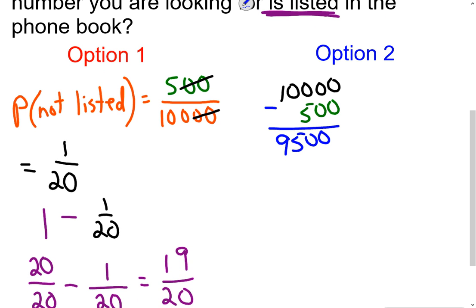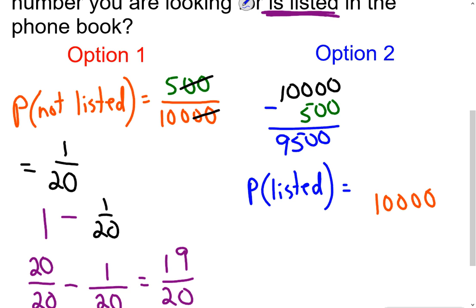So now I'm going to do probability listed. Well, grand total is going to go on our denominator again. That's 10,000. But then there are 9,500 that are listed in the phone book.